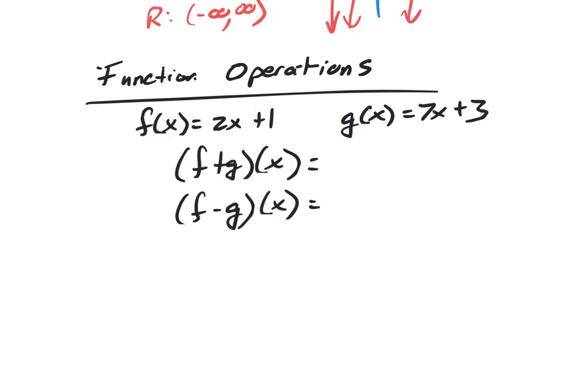So we have two linear functions, and this tells me all I'm going to do is add those two functions together. So if we add these two functions together, 2x plus 7x would be 9x, 1 plus 3 would be 4.